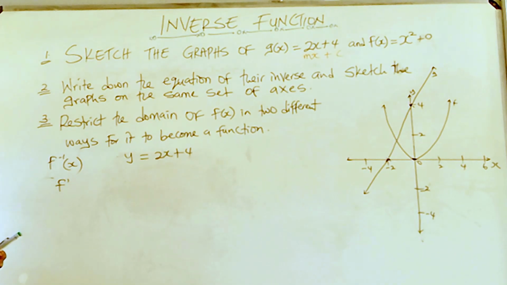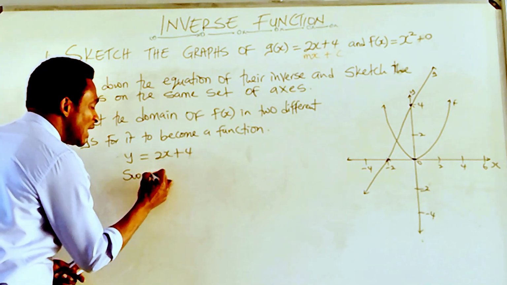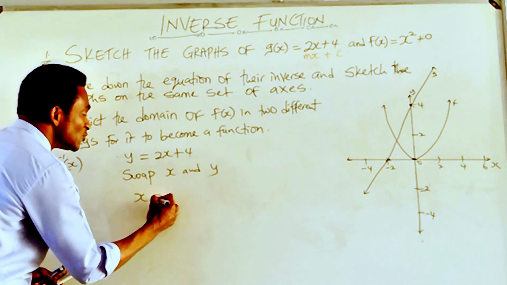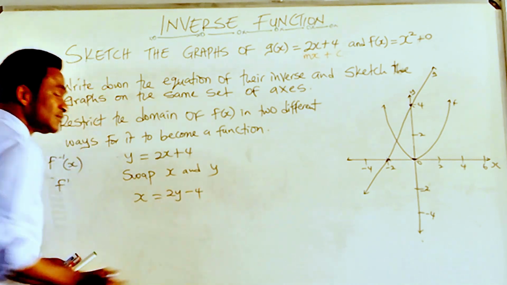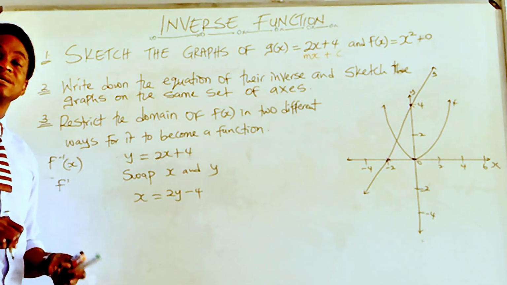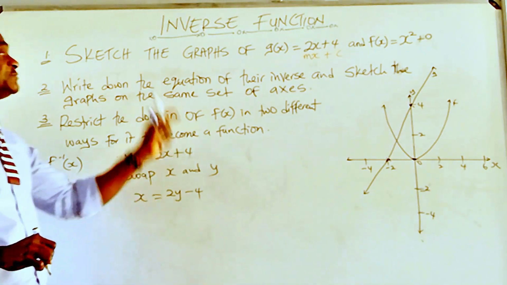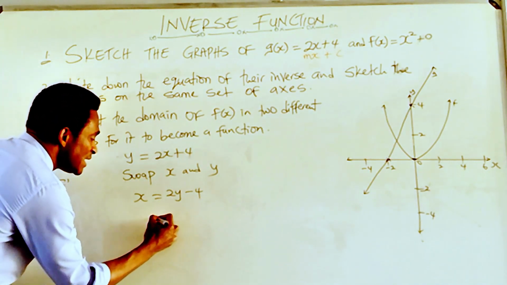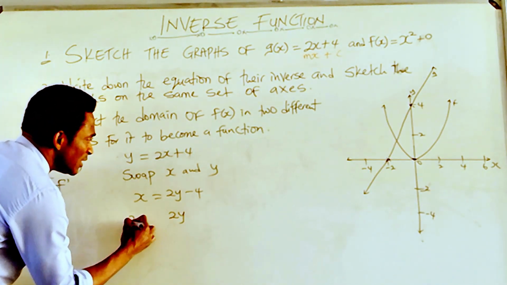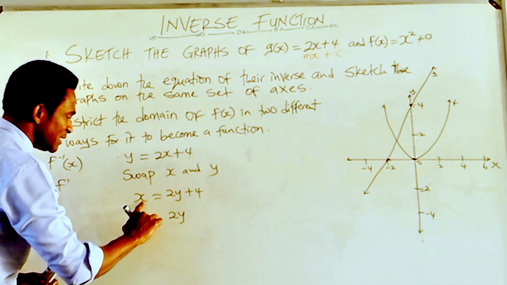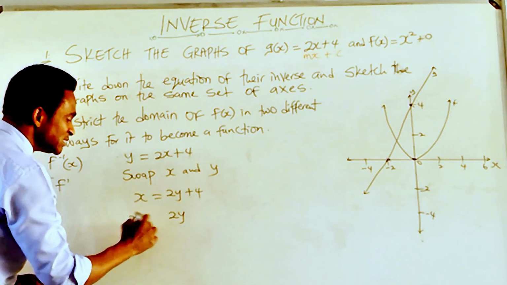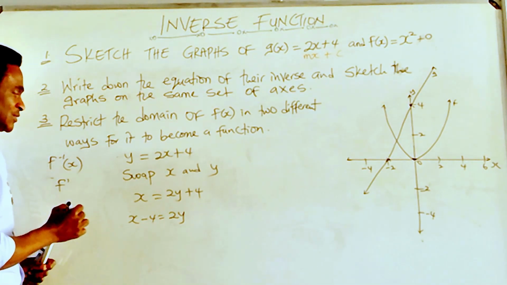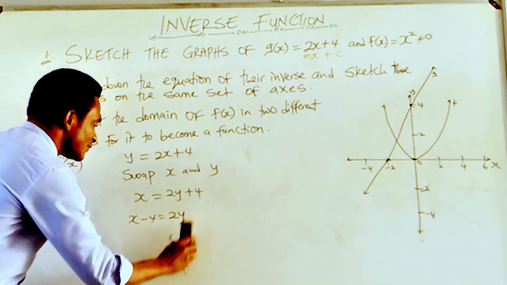What are the rules? The first thing is to swap x and y, their positions. So here x becomes y and y becomes x. And then make y the subject of the formula, because any function must be y in relationship with x. So if we swap x and y, we have x minus 4 equals 2y.